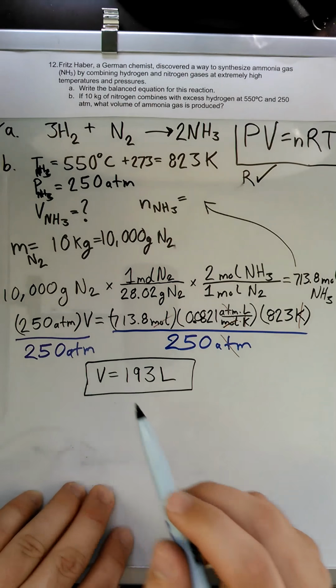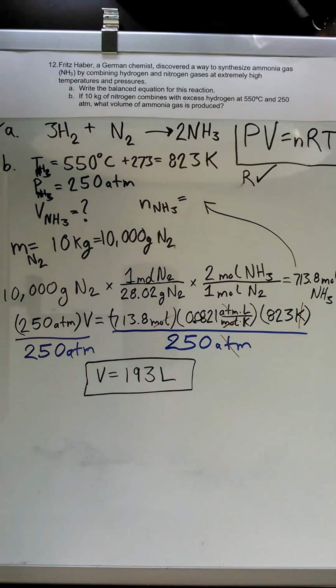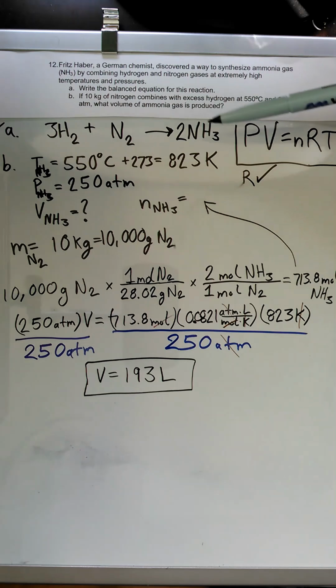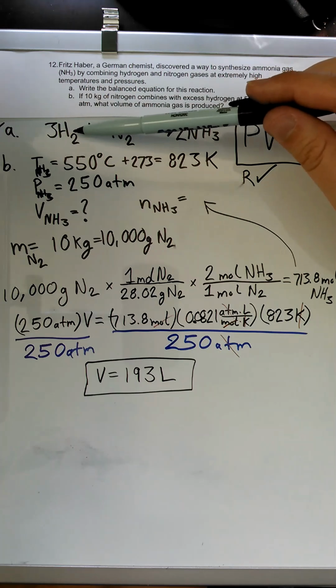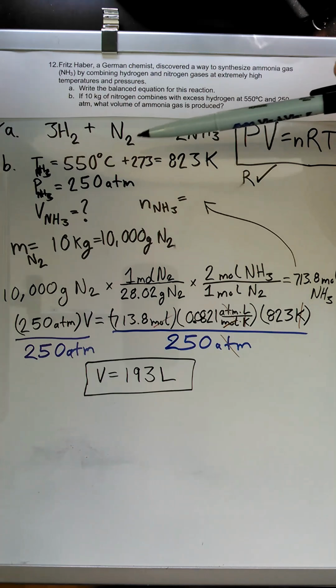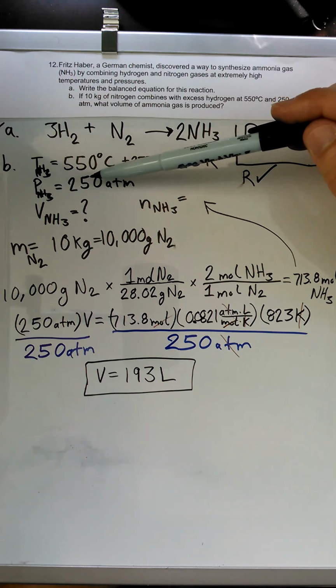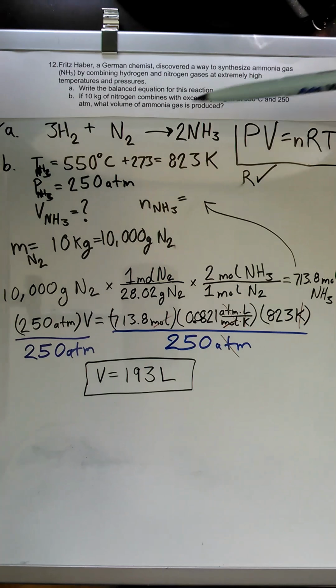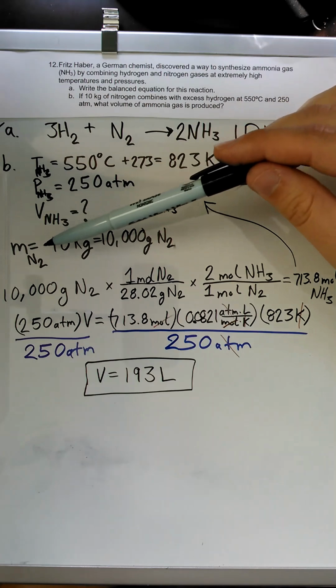Okay, this is our third problem, number 12. So a quick review, we were given the general setup with hydrogen and nitrogen reacting to produce ammonia. We wrote out the balanced chemical equation, noting that hydrogen and nitrogen are both diatomic in the gas phase. We then were given the temperature and pressure of ammonia, where it was reacting, along with the mass of nitrogen.